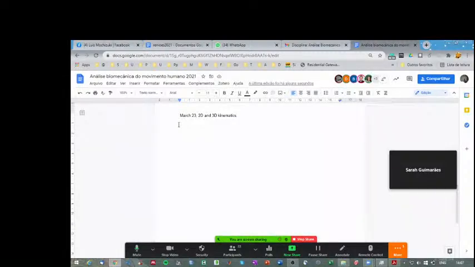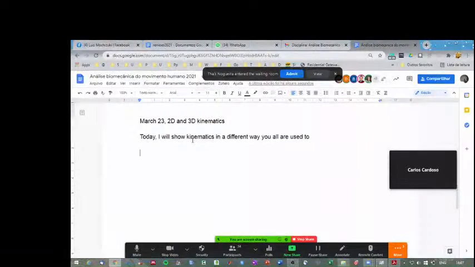I think the motivation is that having all of us put our notes, our ideas, our perceptions about what people are teaching to us within the same document will be the best for everyone. So that's why we are doing this.